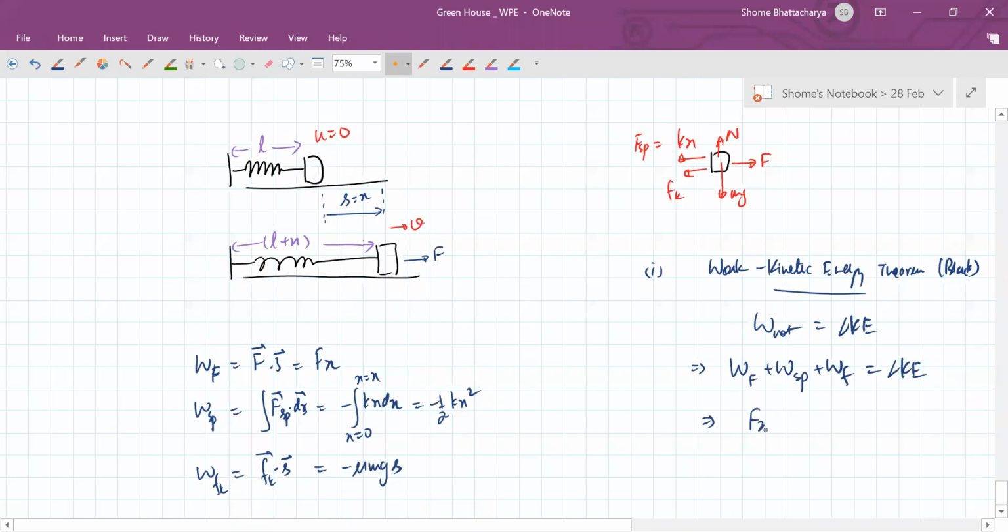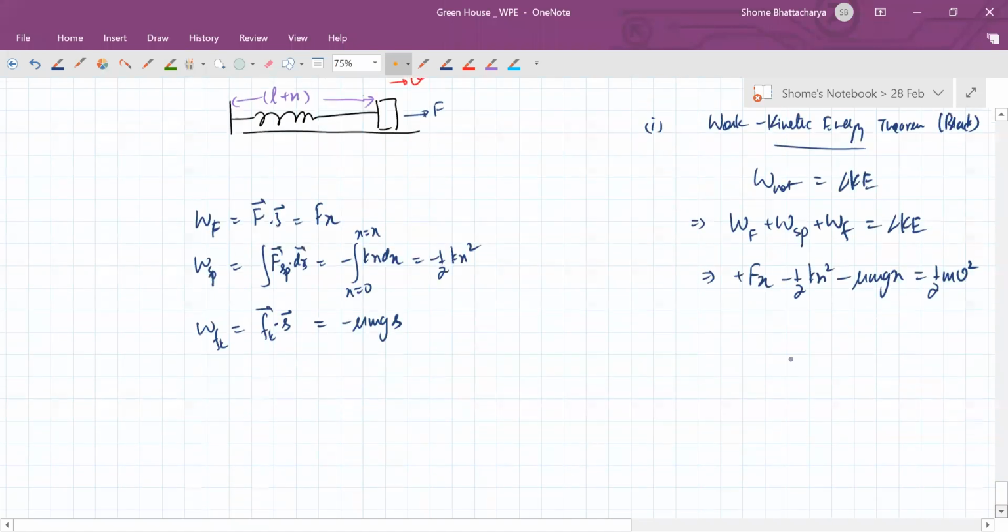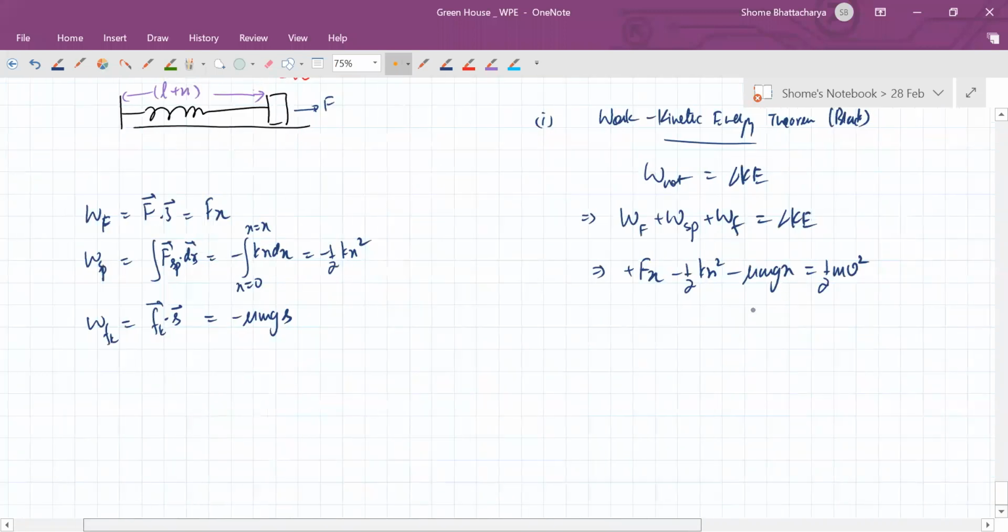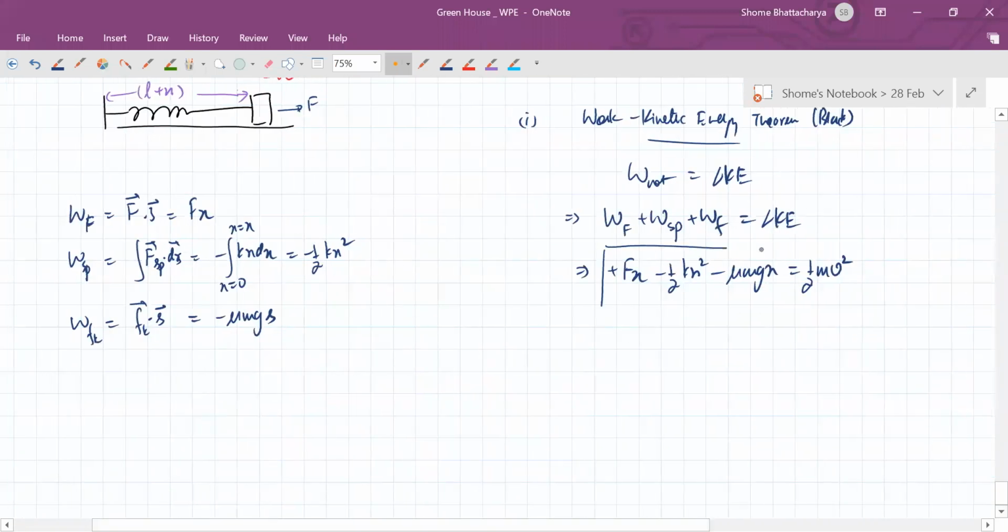So we'll have Fx minus half kx square minus mu mgx is equal to half mv square, because the initial speed was 0. This is how we'll get the value of v, so from this we'll have to calculate the value of v.